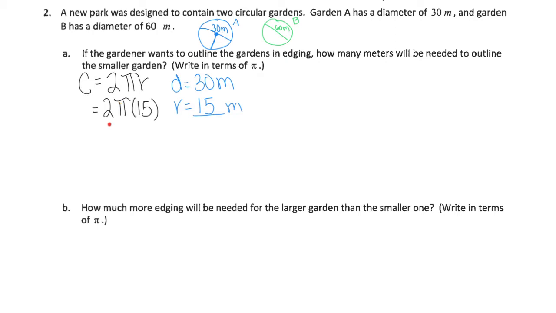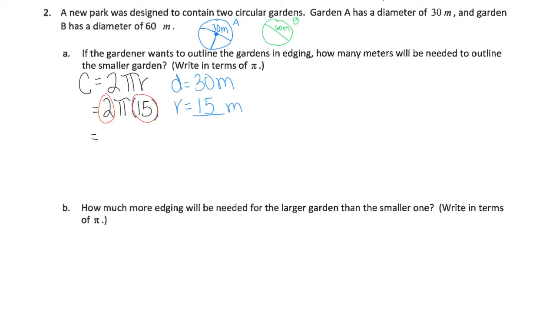Now, when we go about multiplying our equation here, we want to combine like terms, or we can use circles and boxes. So here I know that 2 and 15 are the same term, so I'm going to combine them. And because this is a multiplication problem, we are going to multiply them together.